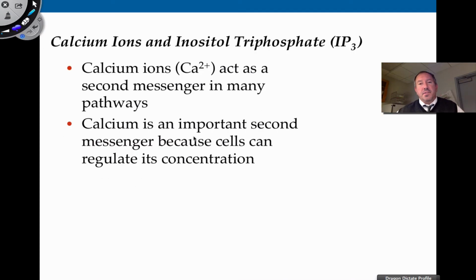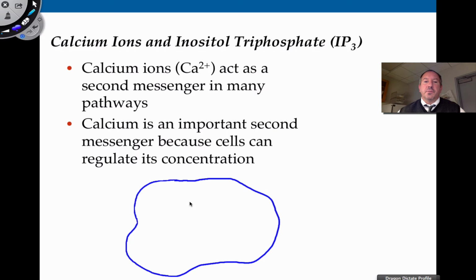Now, let's talk about calcium. It's pretty important, and it's actually one of the most common secondary messengers in cells, as it turns out. The reason that calcium's really cool is that the cell has really good control of it. In other words, the cell tries really hard, and I'll try to make this as simple as possible.